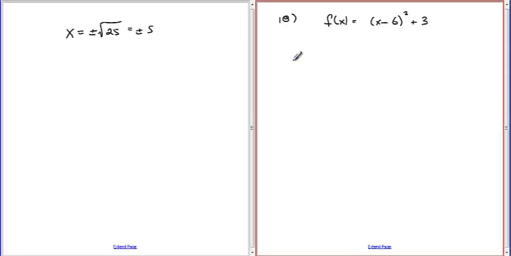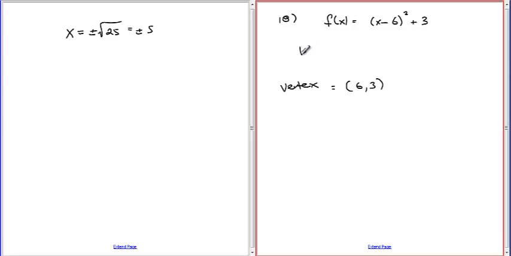So again, from the standard form, the vertex, well, I'll tell you what the vertex is: it's going to be 6, 3.